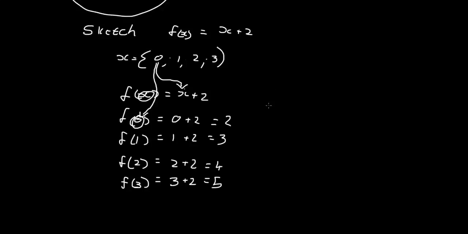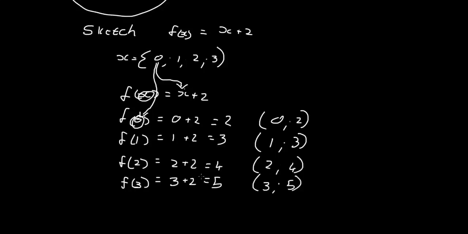Which gives us a bunch of ordered pairs as well. Because we've got x equals 0 and f of x equals 2, so 0 and 2. Remember, f of x is the same as y. F of 1 equals 3, so x is 1, y is 3. X is 2, y is 4. X is 3, y is 5.